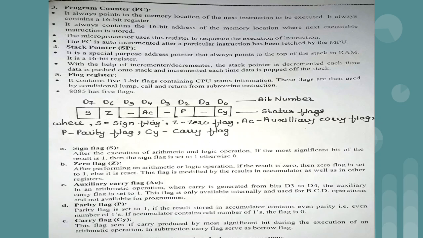I am just reading the description: this flag is set if there is a carry produced by the most significant bit. I just told you that it is generated in between. But suppose you have 97 plus 9. When we perform 7 plus 9, we get 16, so we write the 6 and we have 1 as a carry. Now the first number is 97, so 9 plus 1 is 10.